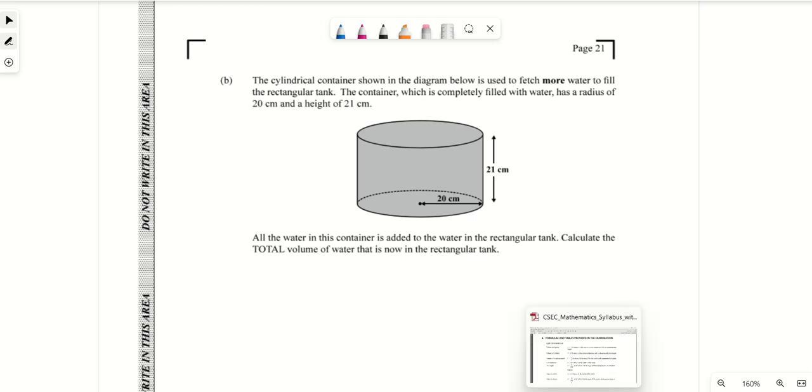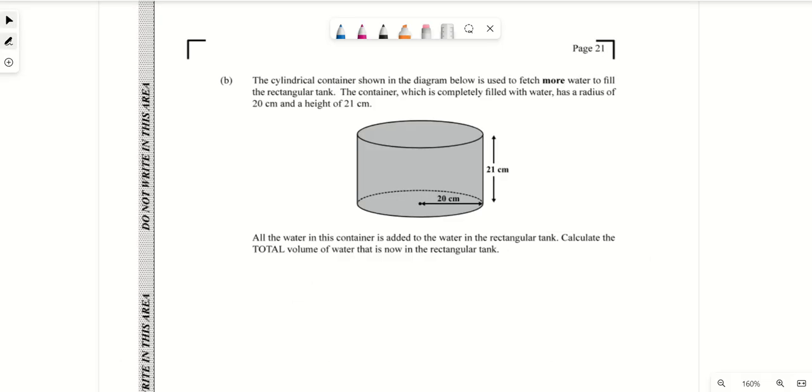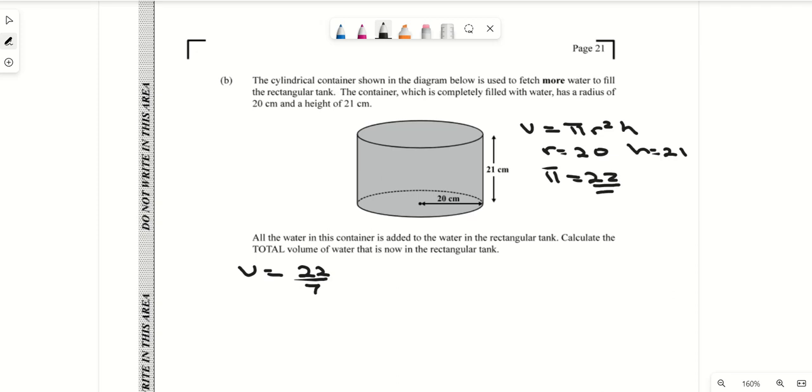And remember, if you don't know the formula for the volume of a cylinder, they gave it here. Volume of a cylinder is pi r squared h. So you're going to put the formula here. Your volume is equal to pi r squared h, where r is equal to 20 and h is equal to 21. So volume is equal to 22 over 7. They gave pi already. Pi is 22 over 7.